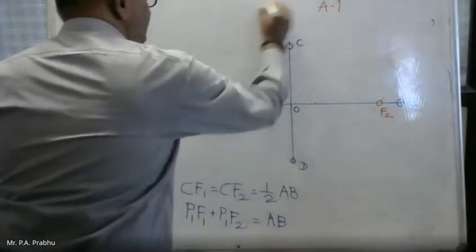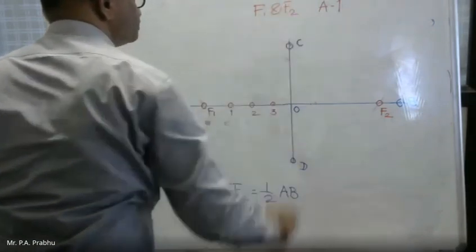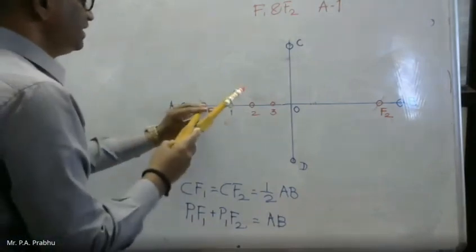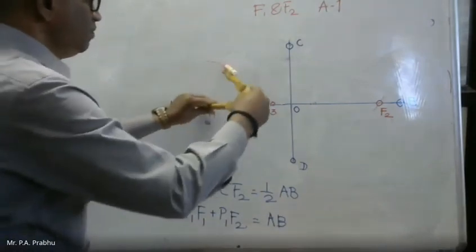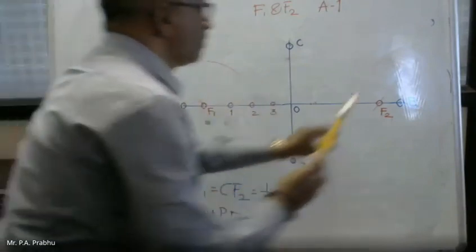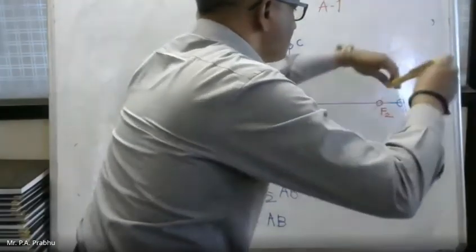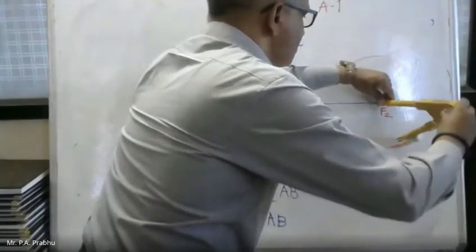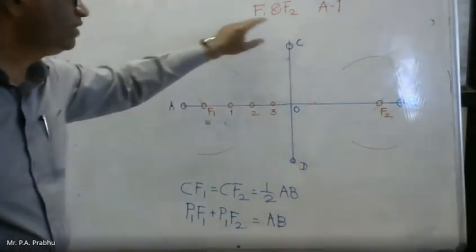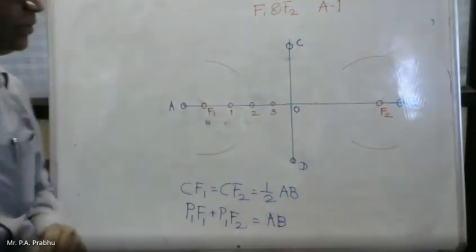We have to take the centers F1 and F2. So take radius A1, take center as F1, mark this arc. Take radius A1, centers F1 and F2, and mark these arcs in all four quadrants of the ellipse.